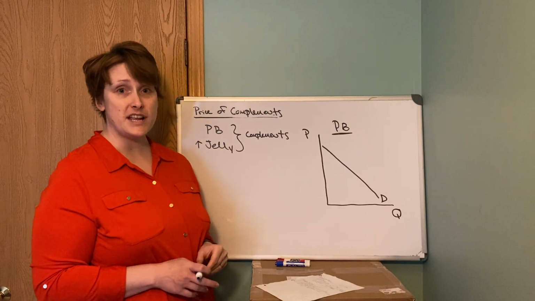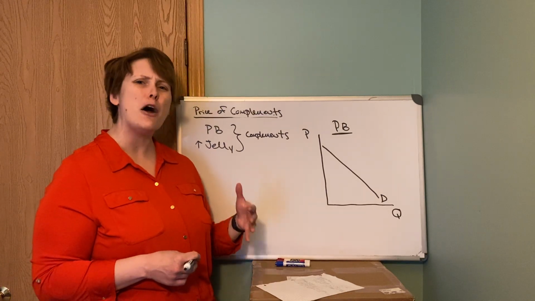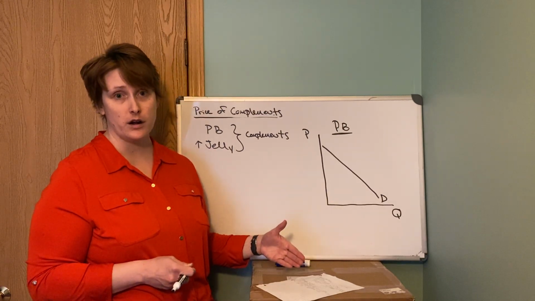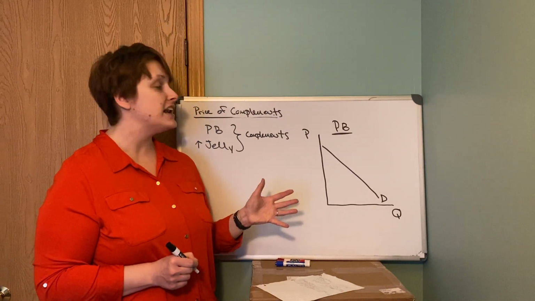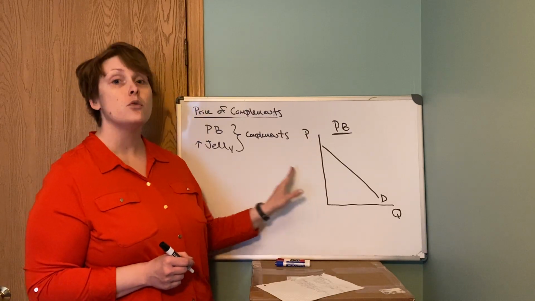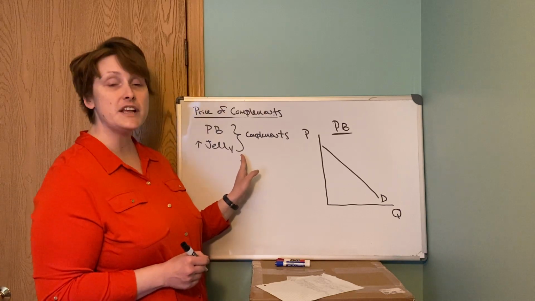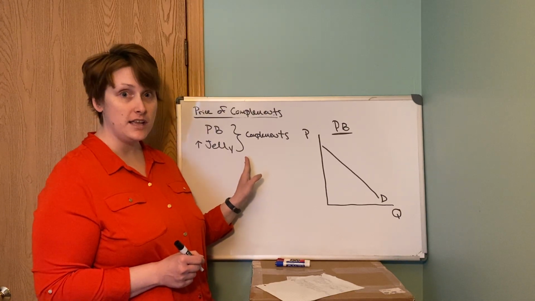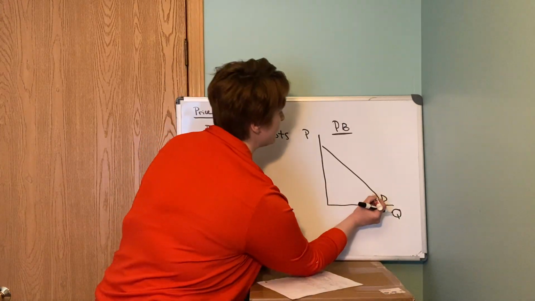So an increase in the price of jelly is going to influence how people choose to buy peanut butter. So since they choose to consume them together, and again, when I say price, we're not changing the price of peanut butter, we're looking at a change in the price of jelly. So an increase in the price of jelly is going to cause a decrease in the demand for peanut butter.